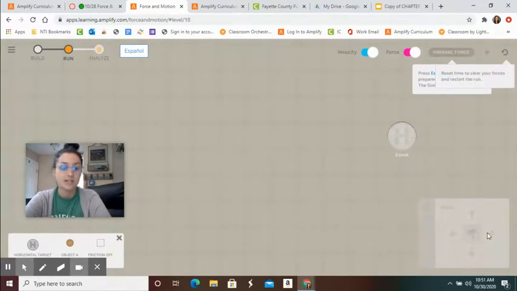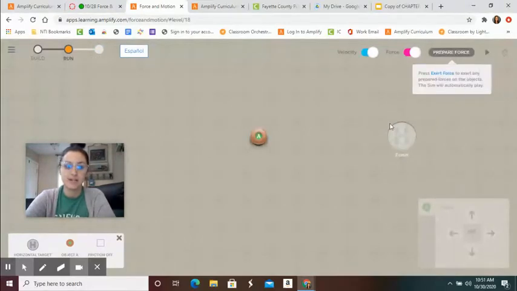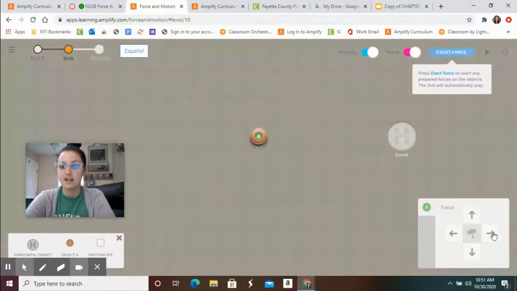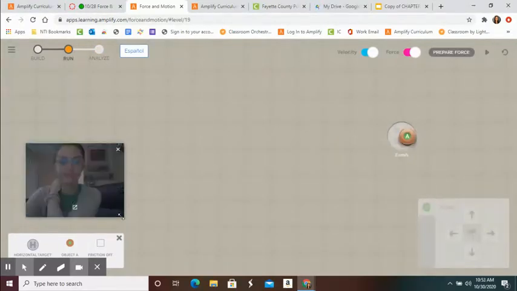And so you can see that when you are successful with your mission, that target opens up and swallows it. And so that was mission 1. I will redo it very quickly. So I prepared my force. I clicked my right arrow twice, and then I exerted that force and swallowed it up. So that was mission 1.